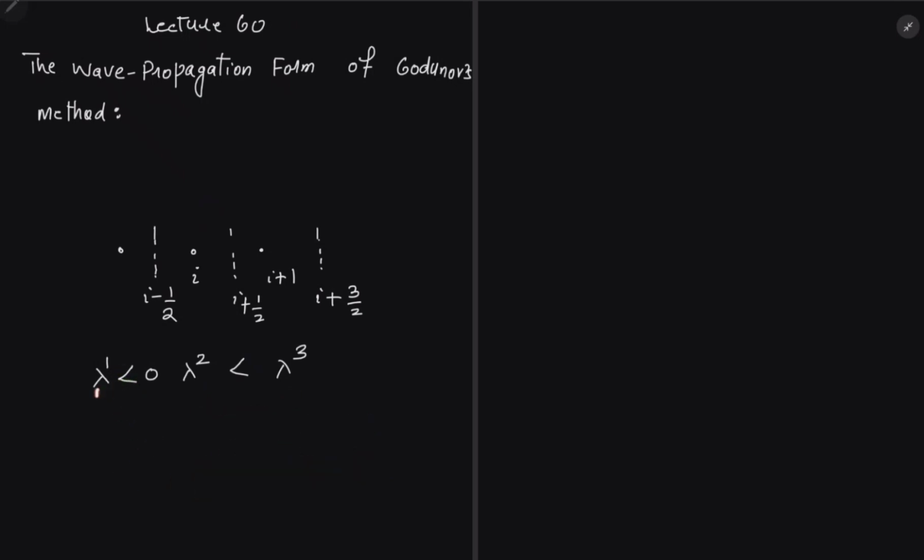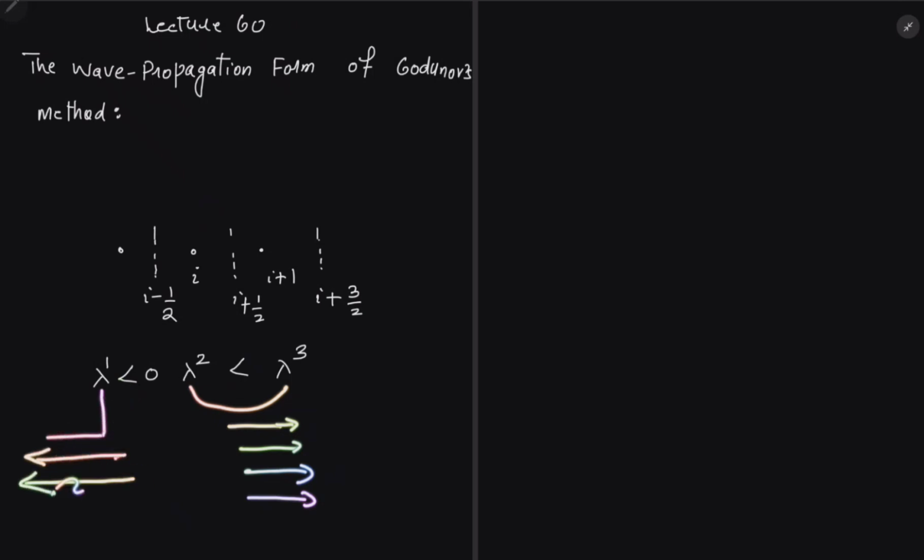Another one is lambda 1, which is less than 0. It has a negative speed. The two waves are moving from left to right, and this wave is moving from right to left.